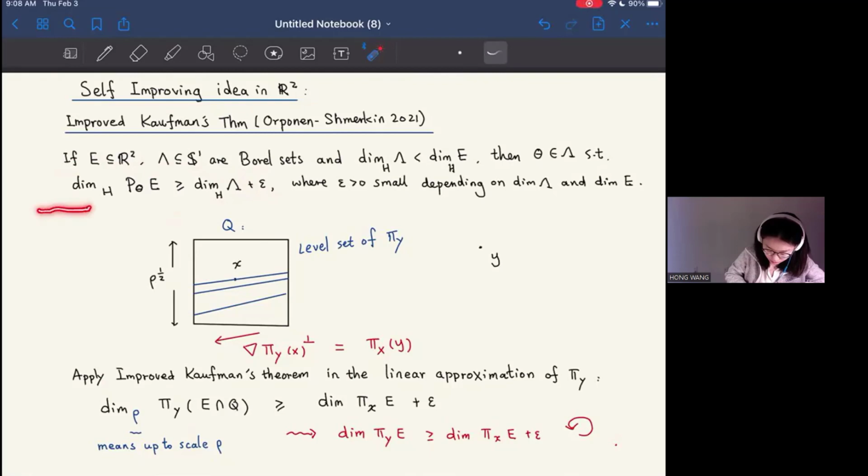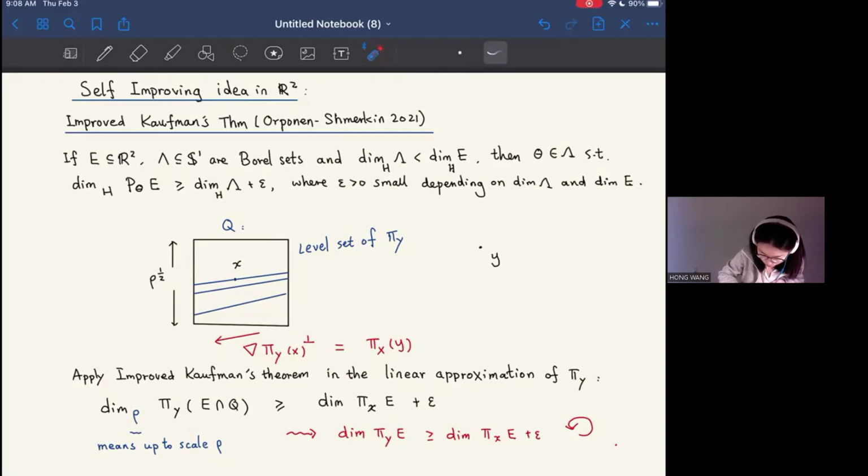Then the main idea of our proof is to use this improved Kaufman theorem as a starting point and to make it self-improving. So here is the picture, which is again back to the picture we have studied.